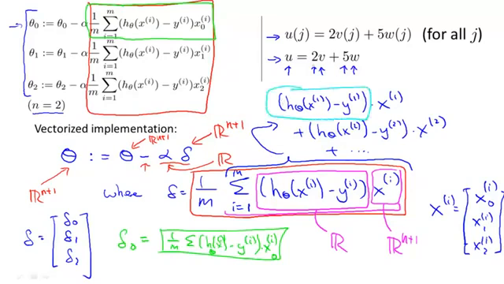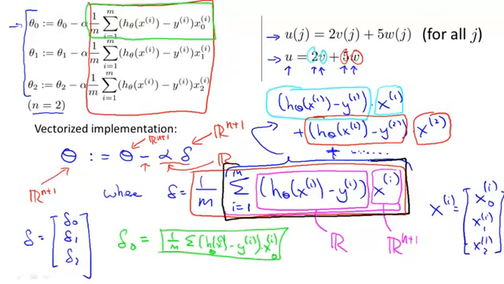That's kind of like the number 2 or some other number times the vector x1. This is kind of like 2 times v, instead with some other number times x1, and then plus, instead of 5 times w, we instead have some other real number times some other vector, and then you add on other vectors, plus dot dot dot, which is why overall that whole quantity, that delta, is just some vector.